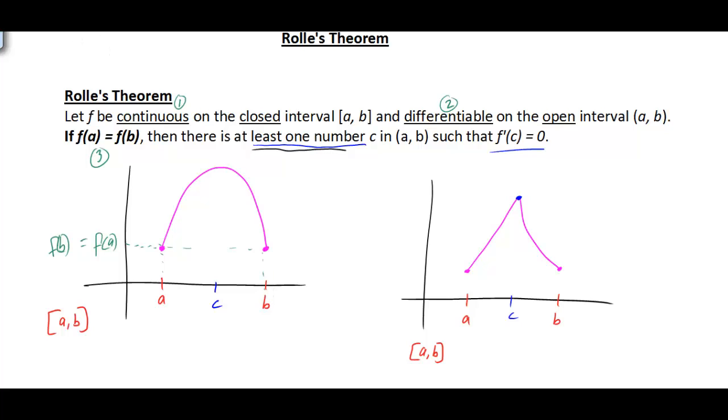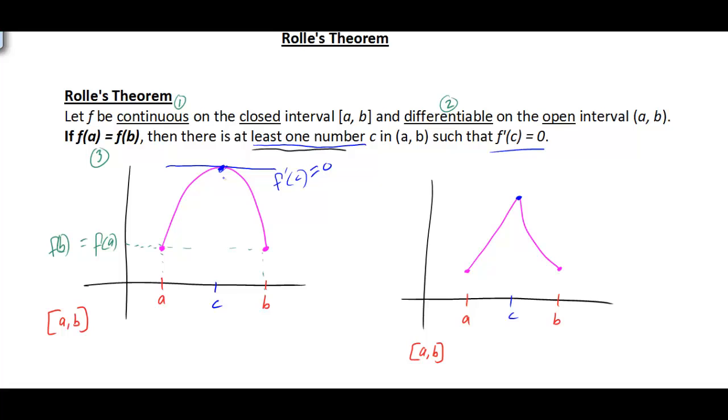And if it's differentiable, and f of a equals f of b, then if your graph goes through this point here at a, the only way that it can be equal to f of b is if your graph, in this case, goes up at some point and comes back down. So at point c, where it curves, we're going to have the derivative equal 0, because we're going to have a horizontal tangent line. So we would end up with f prime of c equals 0. In other words, once again, that would be finding that critical number.